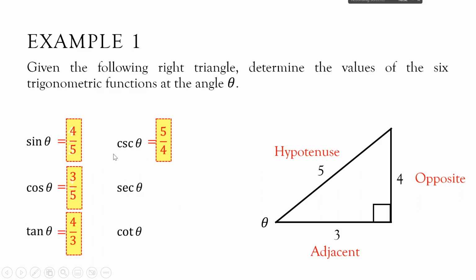We've pointed this out before, but cosecant is just the flipped version of sine. Using that idea, we end up with the same idea for secant and cotangent. Secant should be the flip of cosine, so instead of 3/5, we have 5/3. For cotangent, instead of 4/3, we have 3/4.